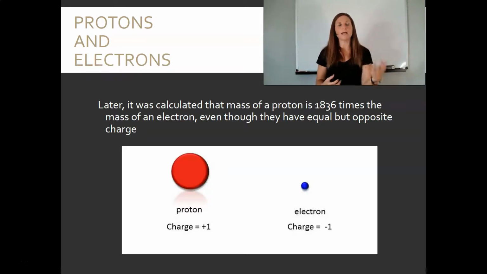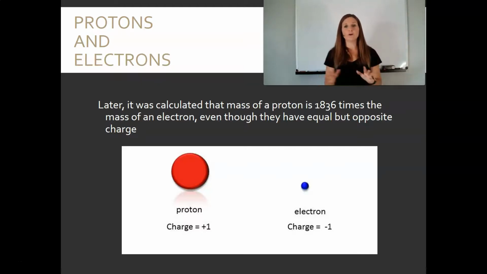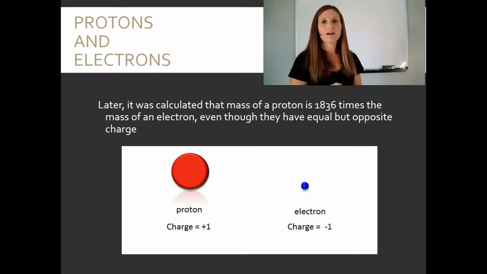So a 1 plus proton and a 1 minus electron cancel each other out in terms of their electrical charge, but the proton is 1,836 times larger than the electron. So before we leave off today, we're just going to finish the picture that we have so far, what we know about the atoms and their different models.